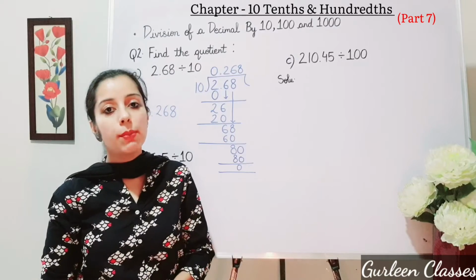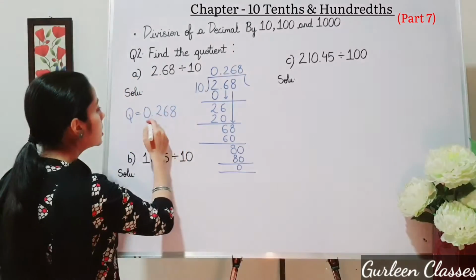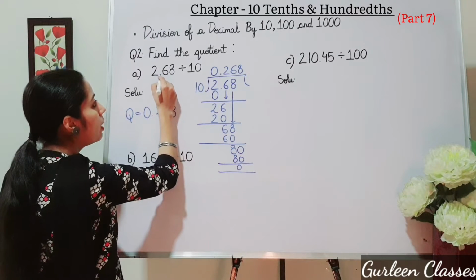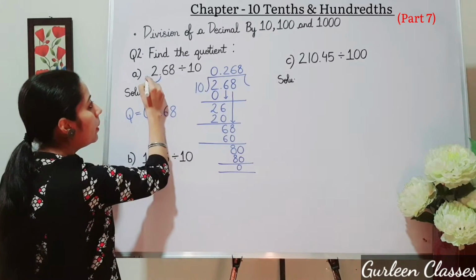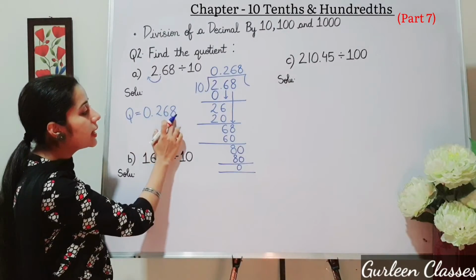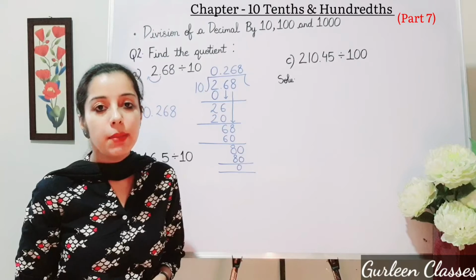So here the decimal point will move to the left by 1 place. The decimal point here is between 2 and 6. It will move to the left by 1 place, so it will be before 2. So the answer is 0.268. Now B part: 16.5 divided by 10.